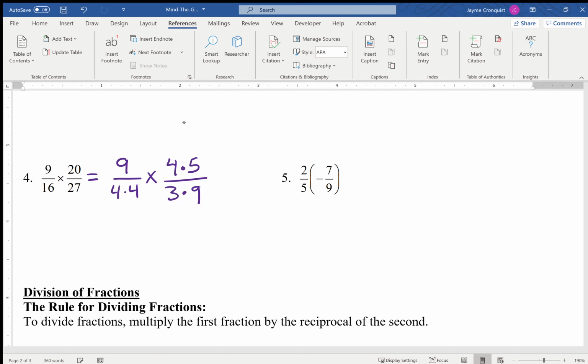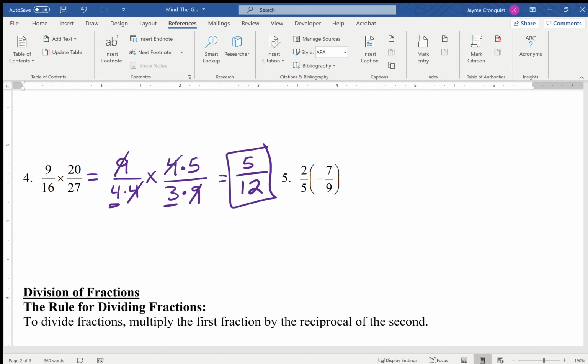Since these are all factors, I can cross off all of that. I'm left with 5 over 4 times 3. Makes simplifying much easier.